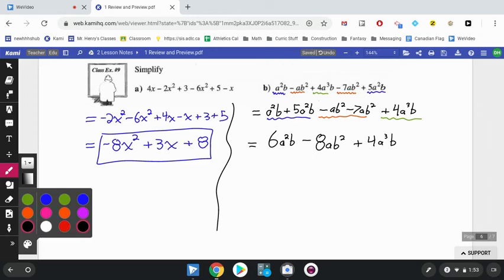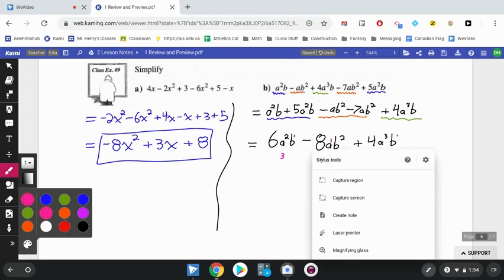The last thing I have to do in a question like this that I haven't taken care of yet is put it in the proper order, which would be based on degree. So the first term, 6a squared b, has a degree of 3. Exponent of 2 and an exponent of 1 makes it a degree of 3. The next term also has a degree of 3. Exponent 1, exponent 2 makes it a degree of 3. And the last one, exponent 3, exponent 1, has a degree of 4.